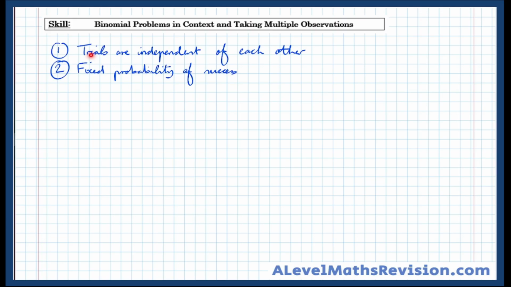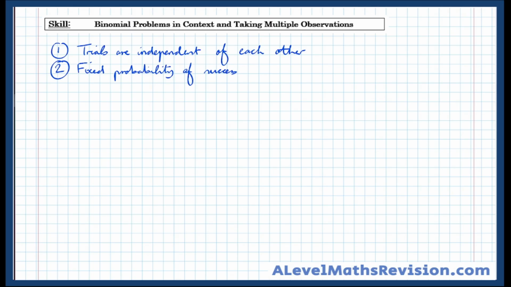Now, lots of people think that these two assumptions are the same because the outcome of one trial being independent of the others does mean that the probability stays the same trial on trial, but the fixed probability of success more refers to any outside factors affecting the probability of success. So this is one trial affecting another, and this is saying there's no outside factors affecting the probability of winning.